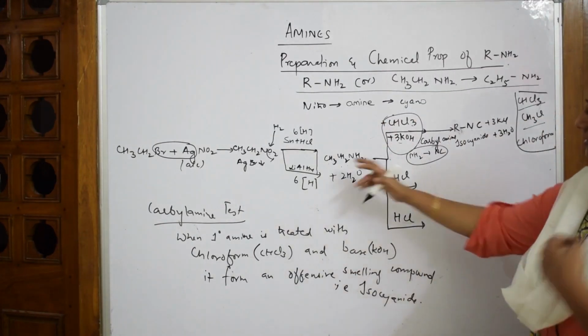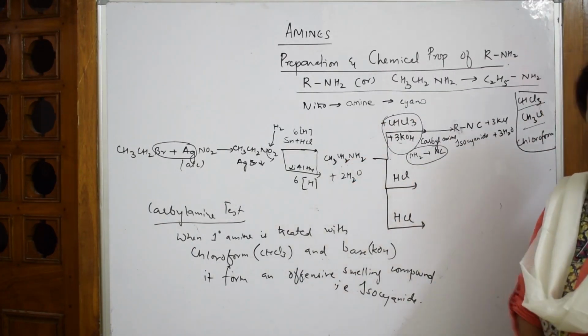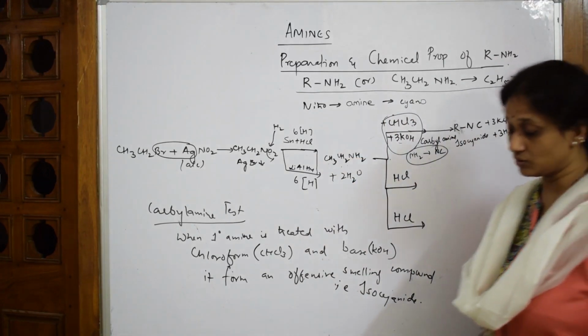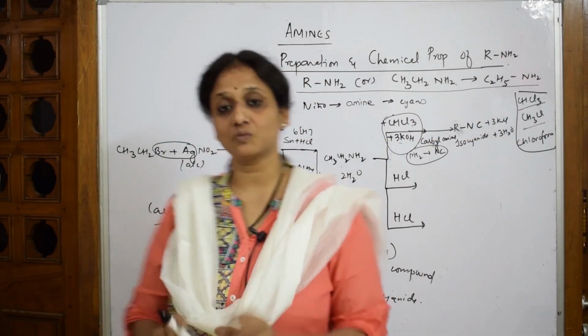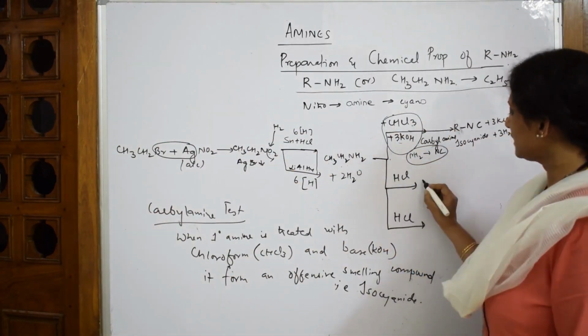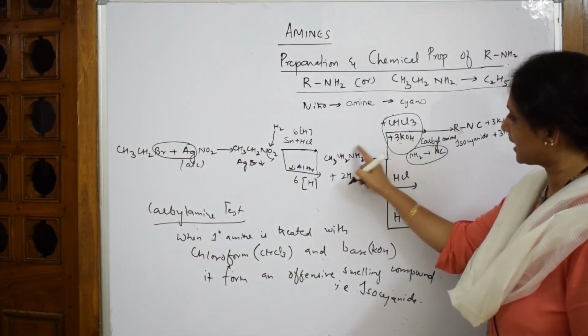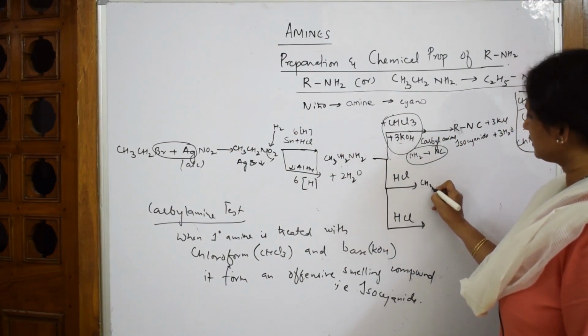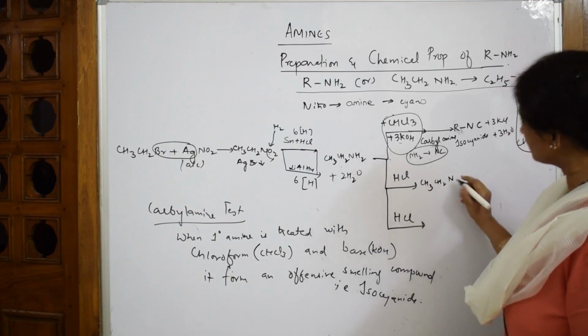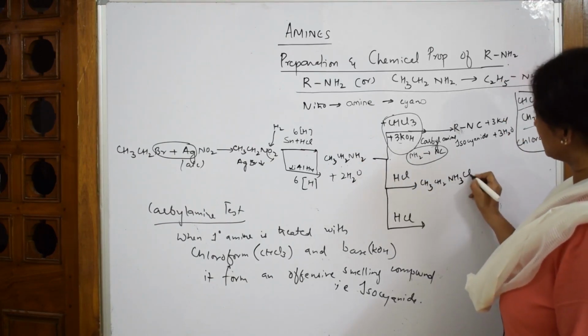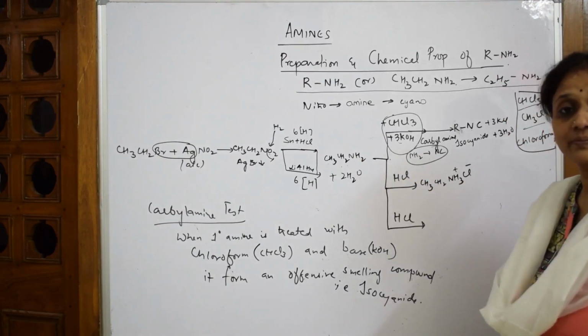Now I'm going to take the same amine, and if in the paper it is given with HCl, don't get confused, nothing to do. With HCl they're going to form salts. Just take this HCl and add it to CH3CH2NH2. It becomes CH3CH2NH3+ Cl-.